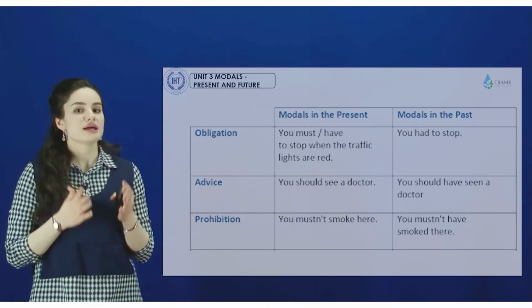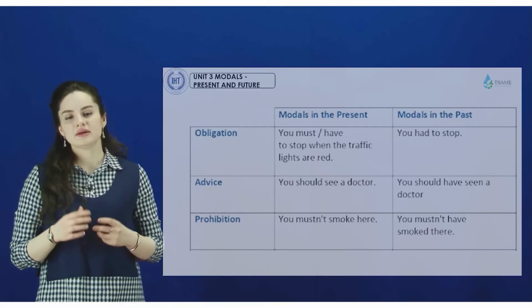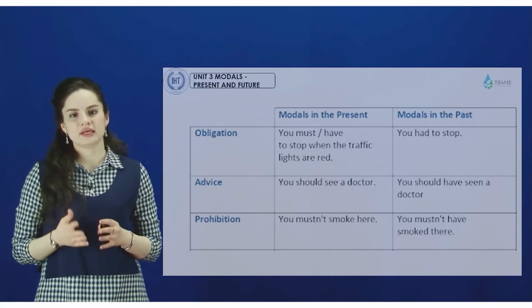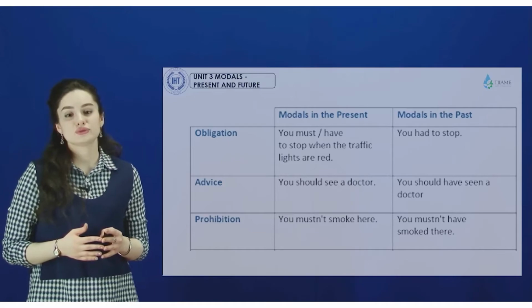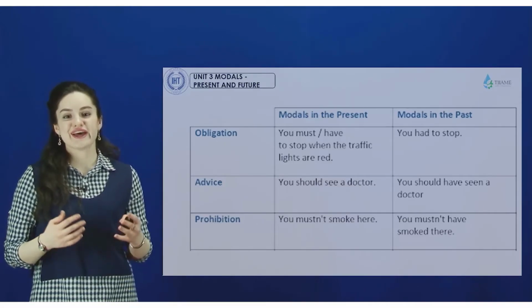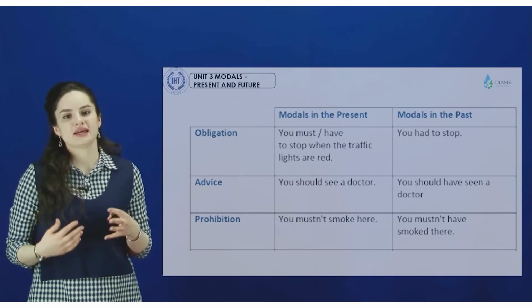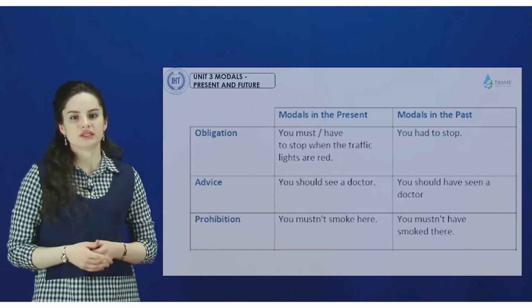That was the present tense. What about the past? You had to stop. Actually, the verb must doesn't have any past form. That's why you have to use the construction have to in past form, had to. Have to may be transformed into had to really simply, without any difficulties.